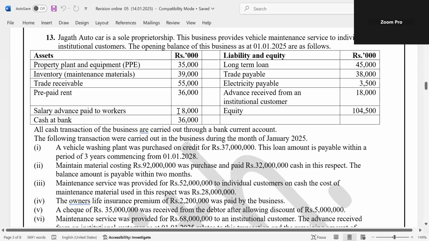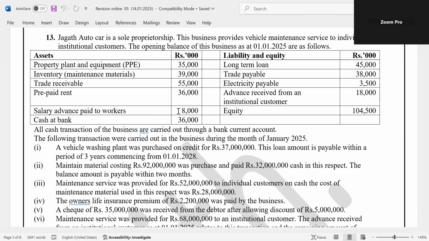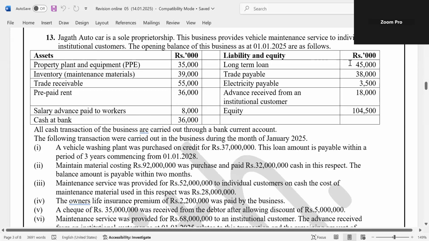Salary advance is given as well as cash at bank. And on the liability side, it is given long-term loan, trade payable, electricity payable, as well as advance received from institutional customer, and equity also given.